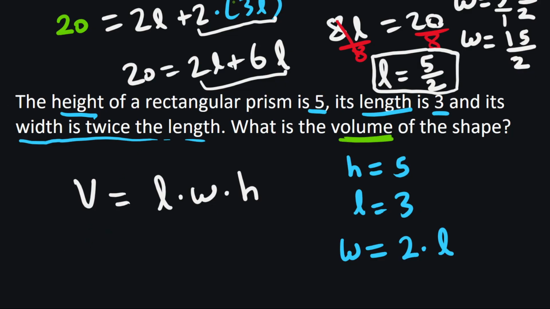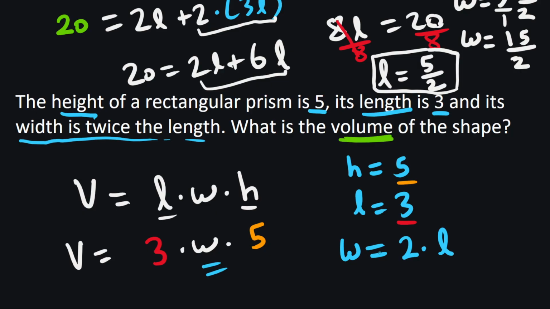Okay, so let's go ahead and look for V. It's just L times W times H. We know what L and H are. We know that L is 3, and we know that H is 5, so let's go ahead and write those down. 3 times W times 5. And we still have one more unknown, this W right here. But what is W?